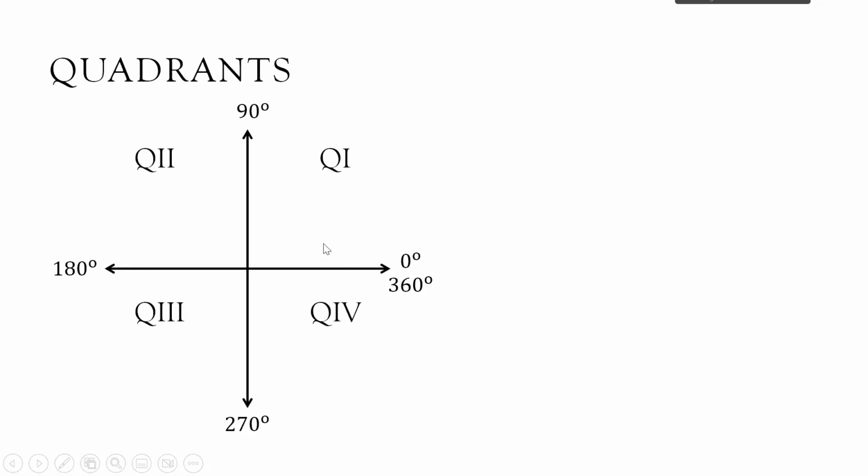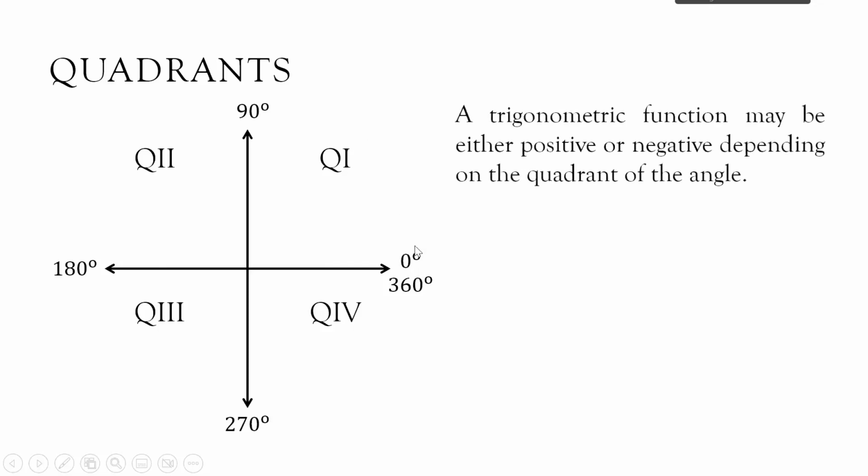So the way that we label this is that we know that our angle, we always start at 0 degrees, and then for a positive angle, we tend to go in the counterclockwise direction. So that's how these are labeled. So now that I know what the 4 quadrants are, why did I bother mentioning them? As it turns out, a trig function can also be a negative value.